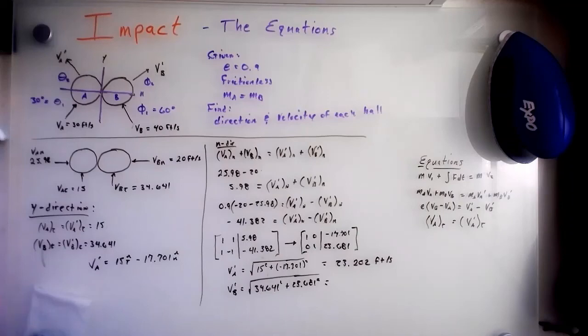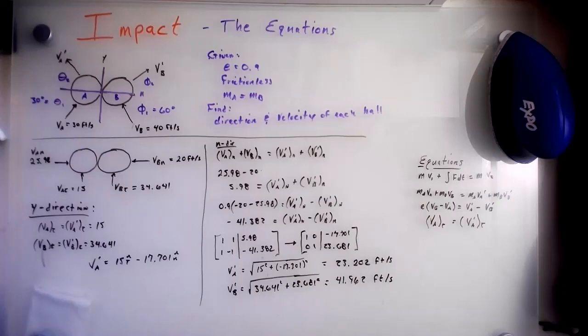And the next one, this is 34.641 squared plus 23.681 squared, and it's going to be equal to 41.962 feet per second.